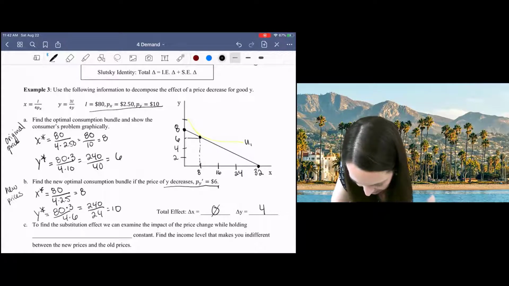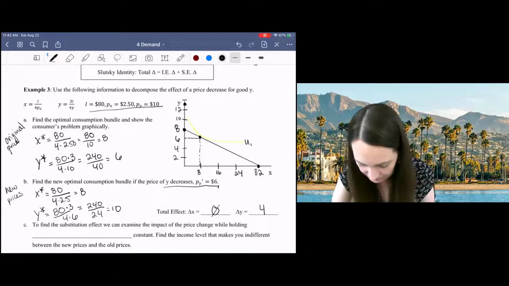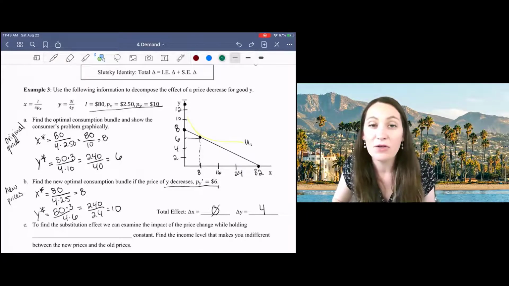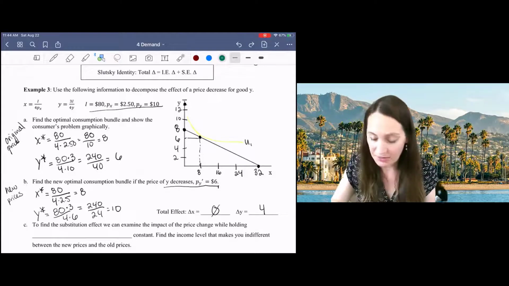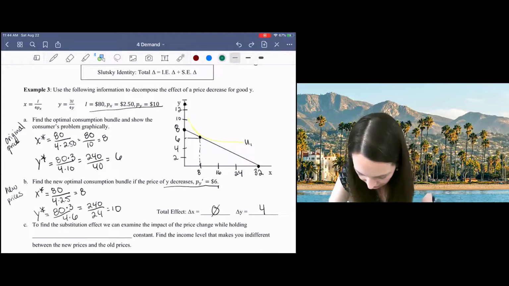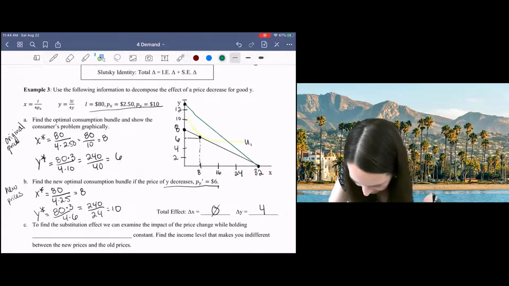So I've got, say this is 10, 12, 13, something like this. Now I'll put my new budget constraint on the graph, and I'm going to use a different color. I want to keep this separate from my original budget constraint. So it's going to be something like this.